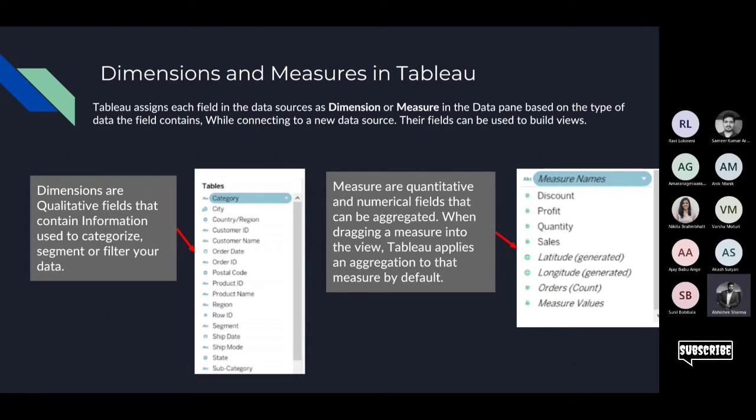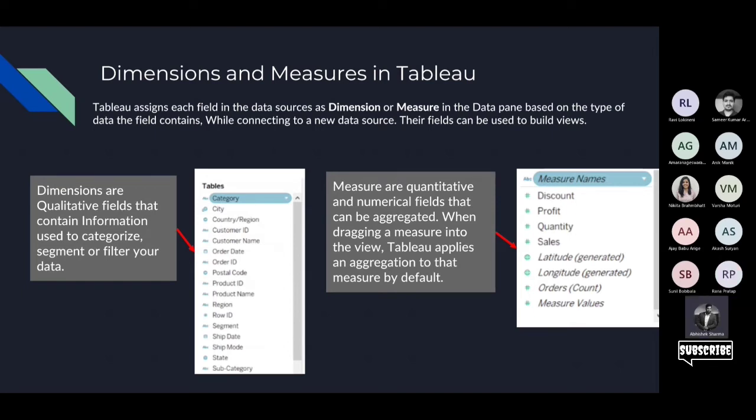Let's say customer ID. Each customer ID would be a different one, and you can use that customer ID to categorize the different customers. Another example would be a product name or a product ID. Each product ID would have a different product related to it, so this is the unique identifier.